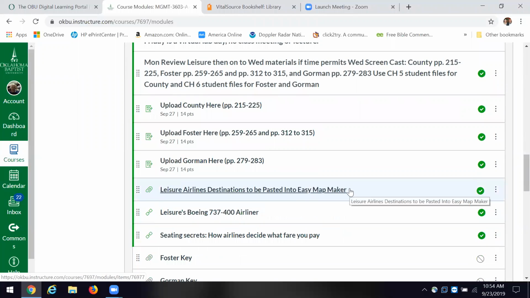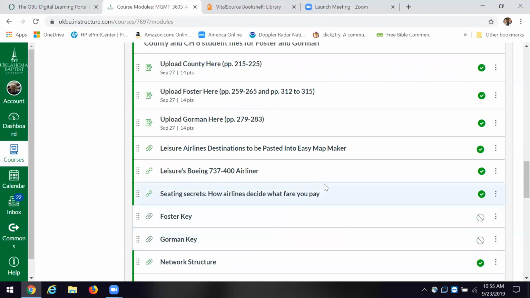I also had some of the destinations there that you could take and paste into Easy Map Maker so you could get a sense of where Leisure Airlines runs an East Coast, kind of a milk run, so you could get a picture of that. Then I also had a link to the Boeing 737 airliner, the 400, not the MAX, the small version, and then some information about how airlines handle fares.